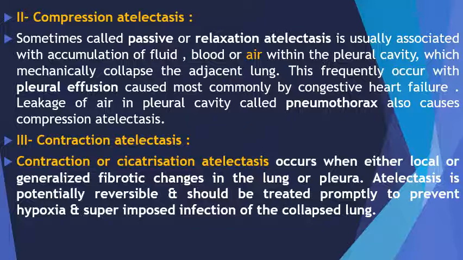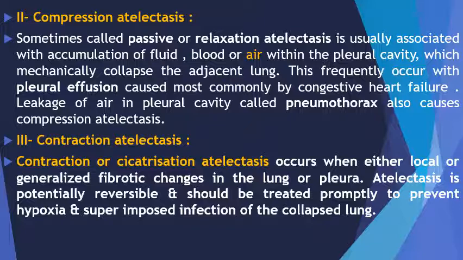A frequent cause is congestive heart failure, which leads to pleural effusion, or leakage of air into the pleural cavity as in pneumothorax. The accumulation of blood, as in hemothorax, can also lead to the compression type of atelectasis.